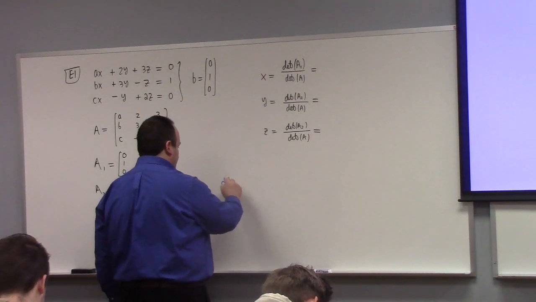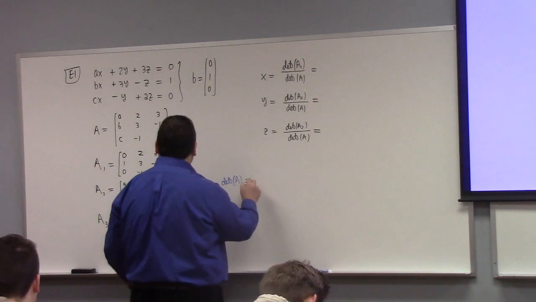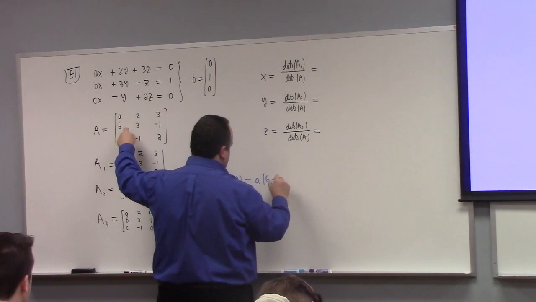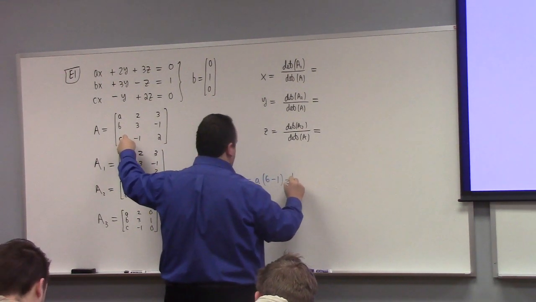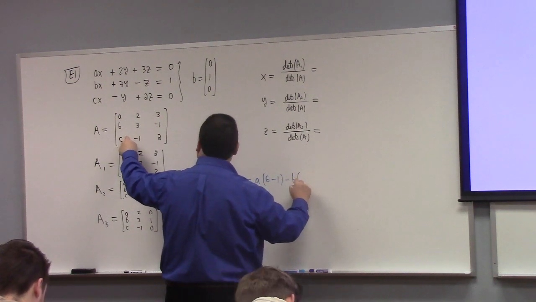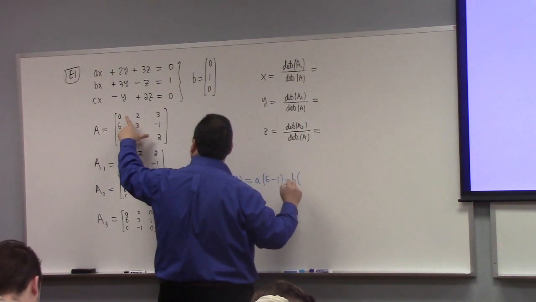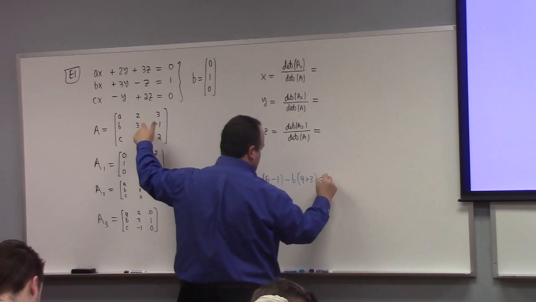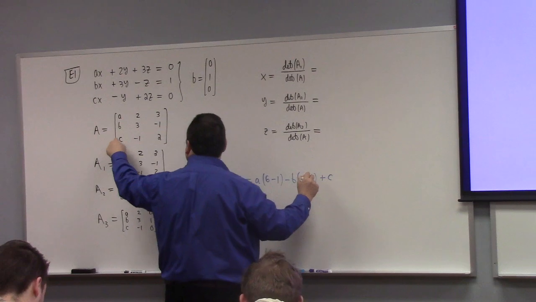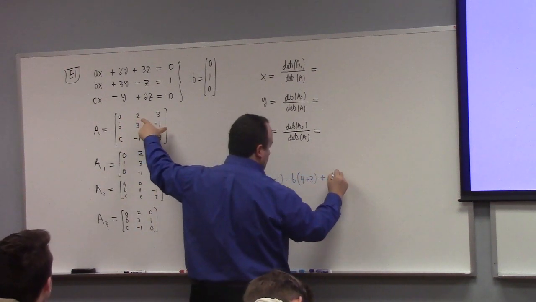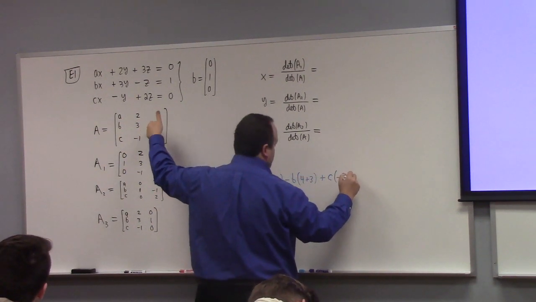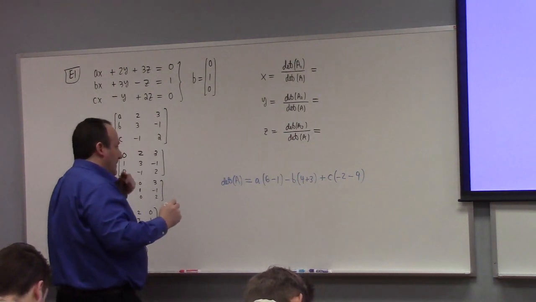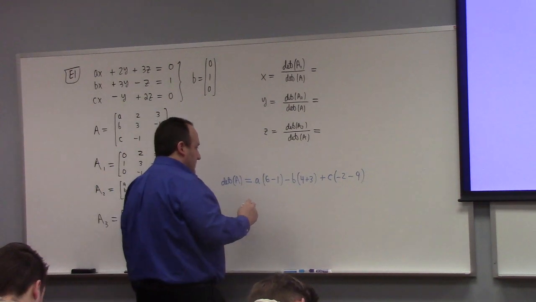The determinant of A, I see a times 6 minus 1, minus b times 4 plus 3, plus c times minus 2 minus 9. I decided to expand on the first column. I don't know why, I just did. It'll give me a nice formula, I suppose.